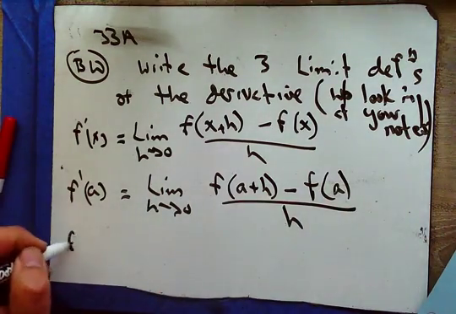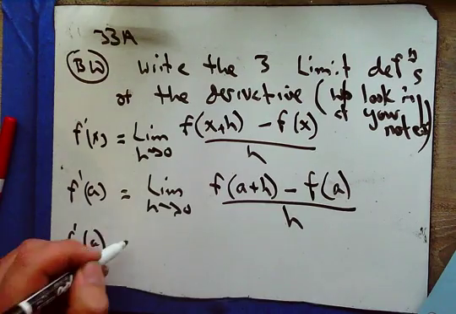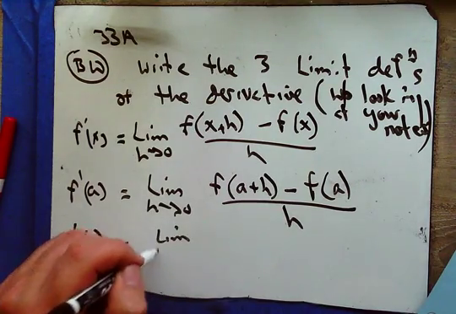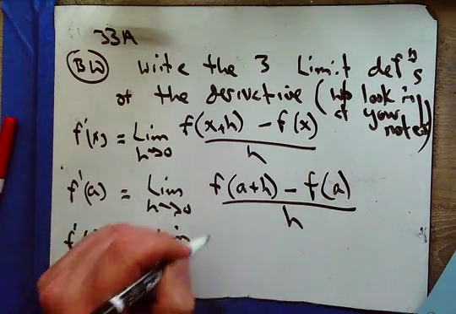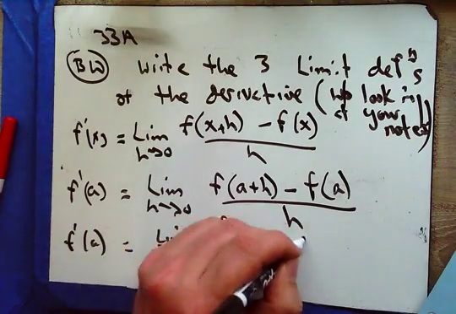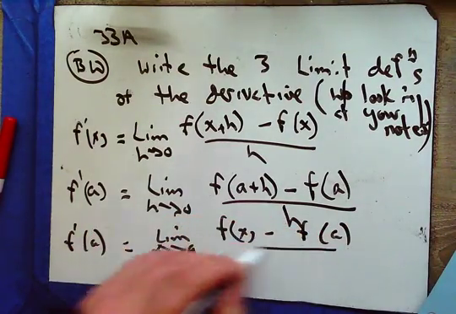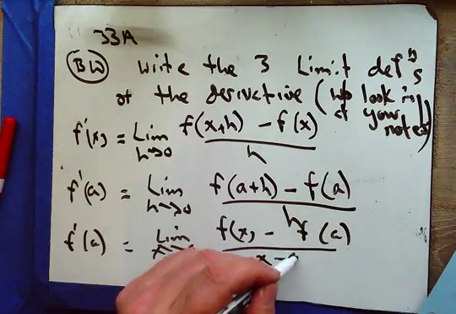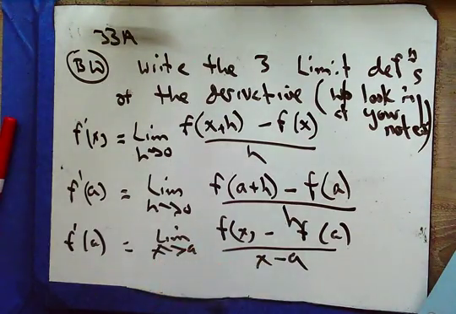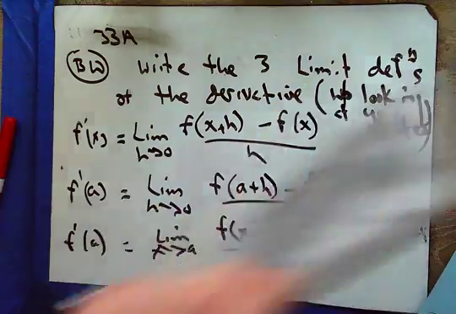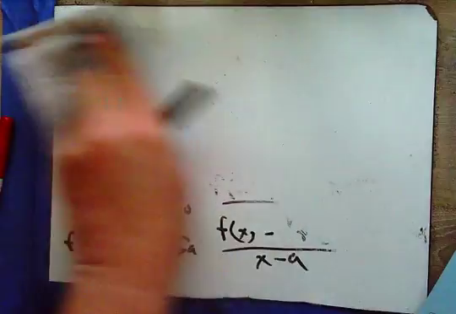And finally, we have a second derivative at a point, limit as x heads to a of f of x minus f of a all over x minus a. Okay, those are our three limit definitions of the derivative. I hope you are comfortable with them.